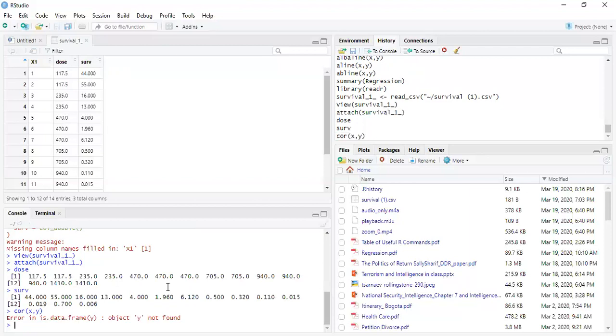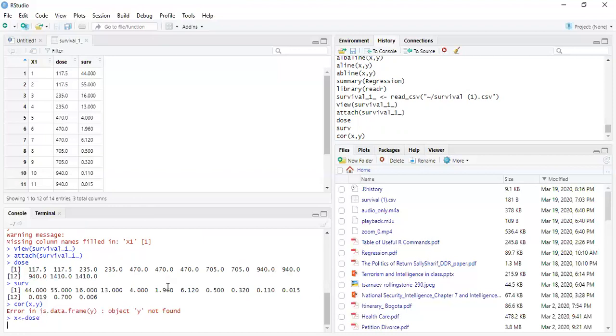Okay, so I gotta actually relate it to them. So let's make X, since X is the independent variable, sorry, that is dose. So we'll make that dose. Let's take a look if it goes. All right, so there we go.